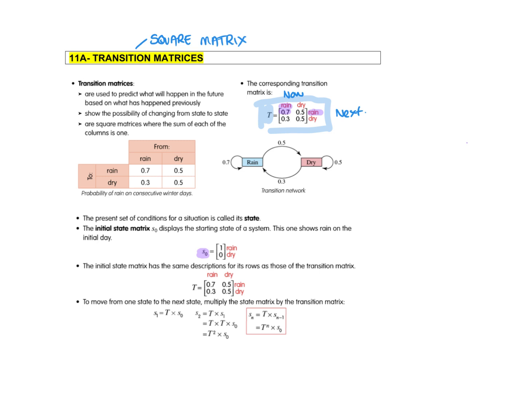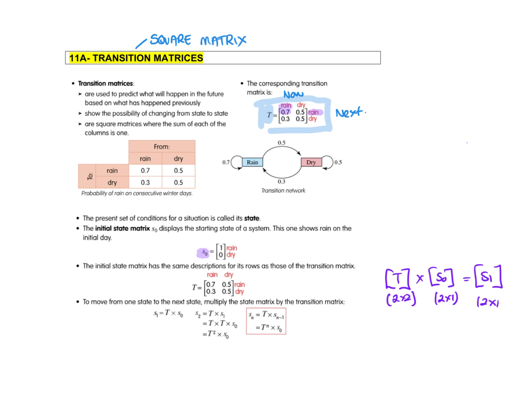If I multiply the transition matrix, which is a 2 by 2, with the state matrix, which is a 2 by 1, your answer would end up being a 2 by 1, and what it ends up being is the next state.